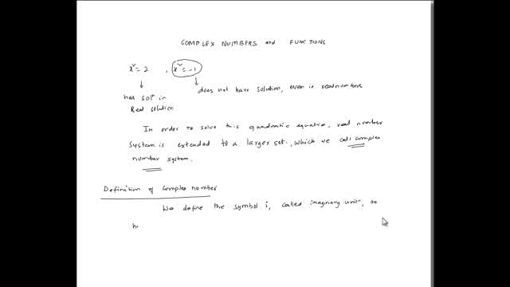It has the property that the square of i gives -1, or i is defined as the square root of -1, denoted by root -1. Why it is called imaginary is that it is difficult to imagine; you have to just imagine.